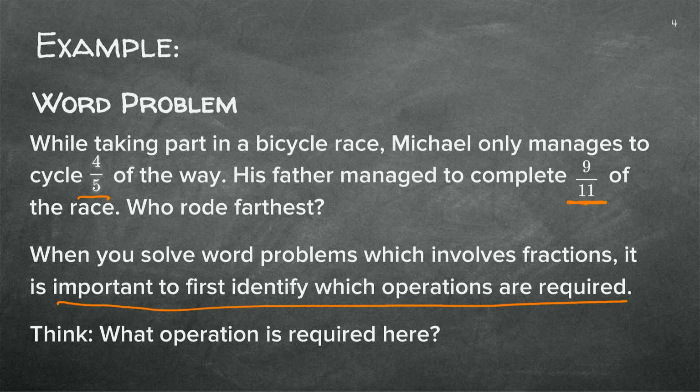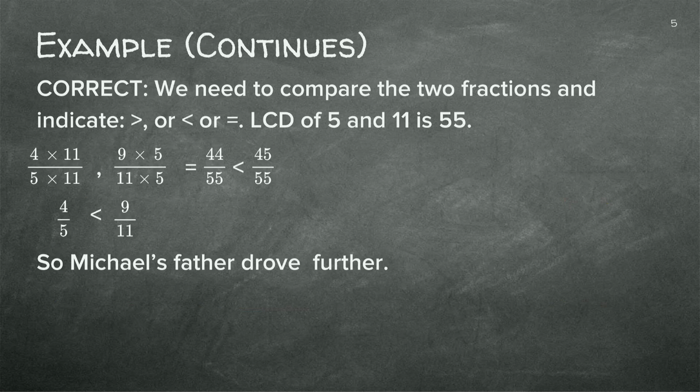Michael only manages 4/5 of the way, and his father 9/11. So who rode the farthest? If you decided that we need to compare these two fractions, you're 100% correct, right? Which one is smaller, larger, or equal? Remember that one? Right.